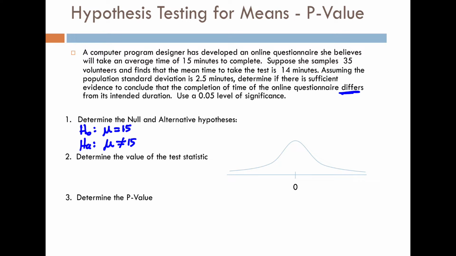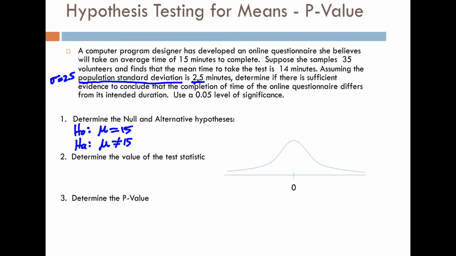Great. So we have our null and alternative hypothesis, so we know this is going to be a two-tailed test. Next thing we need to note here is that the population standard deviation was given to us as being 2.5 minutes. So 2.5 minutes is my sigma, and that tells me that this is going to be a z-test.